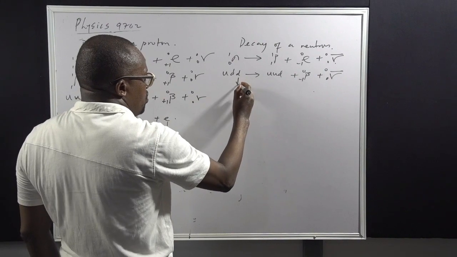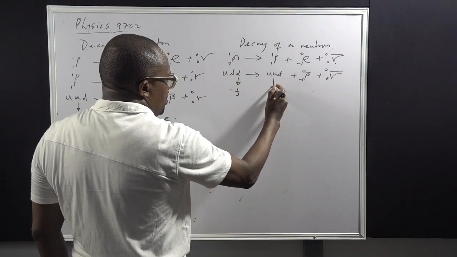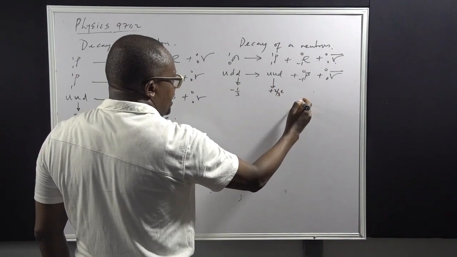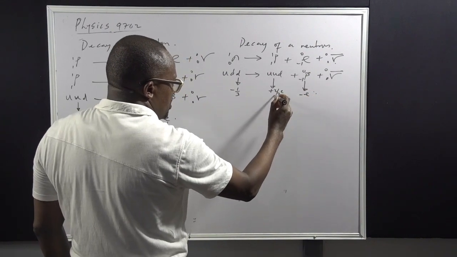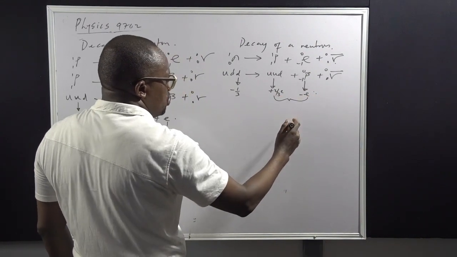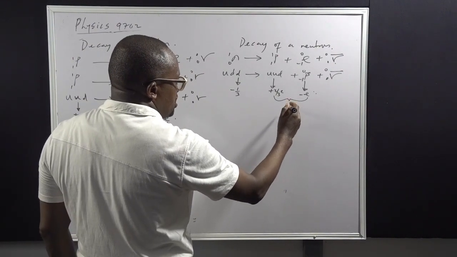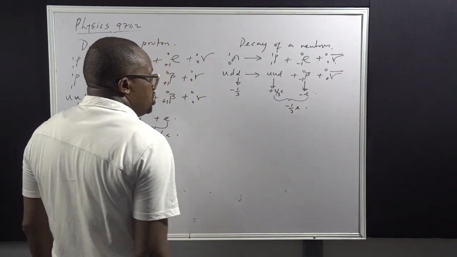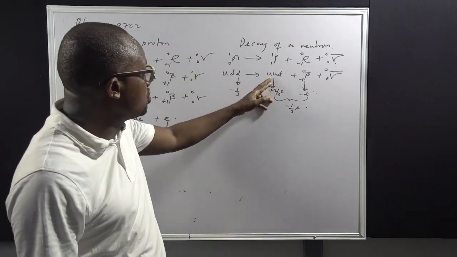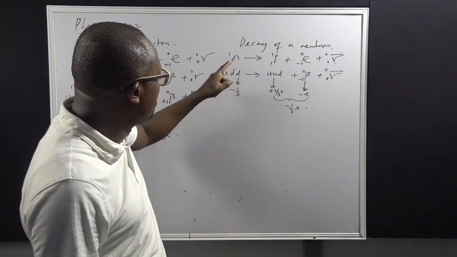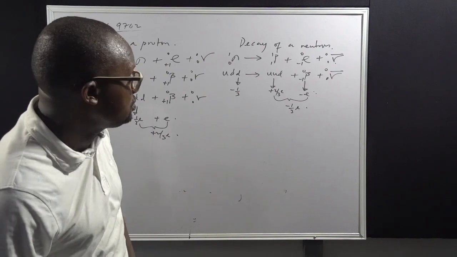And this is because one of the down quarks having a charge of minus 1 over 3 has changed to an up quark having a charge of plus 2 over 3. To balance that, a beta minus will be produced. So when you add this, you are going to have plus 2 over 3 minus 1 over 3 minus e will give you minus 1 over 3e. So based on the conservation of charge, when a down quark changes to an up quark during the decay of a neutron to a proton, beta minus is produced.